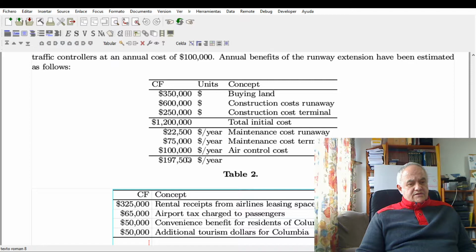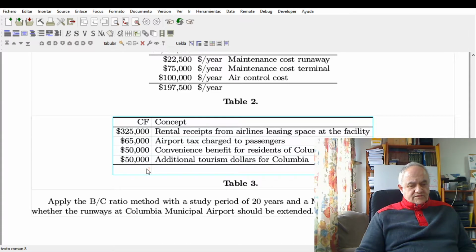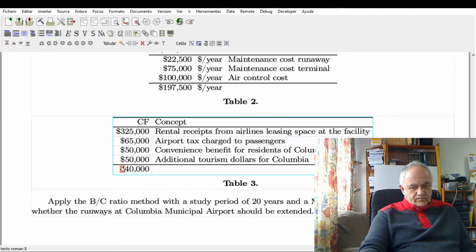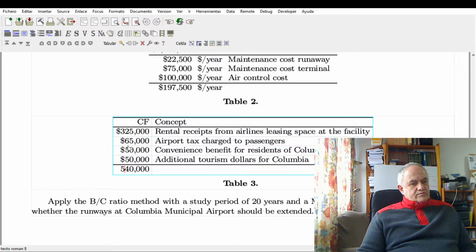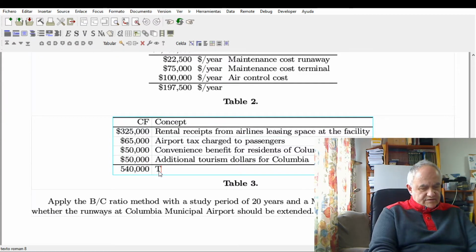We can add the annuities of the cost, we can add the total cost of investment, and now we can add all the benefits. Okay, total benefits.